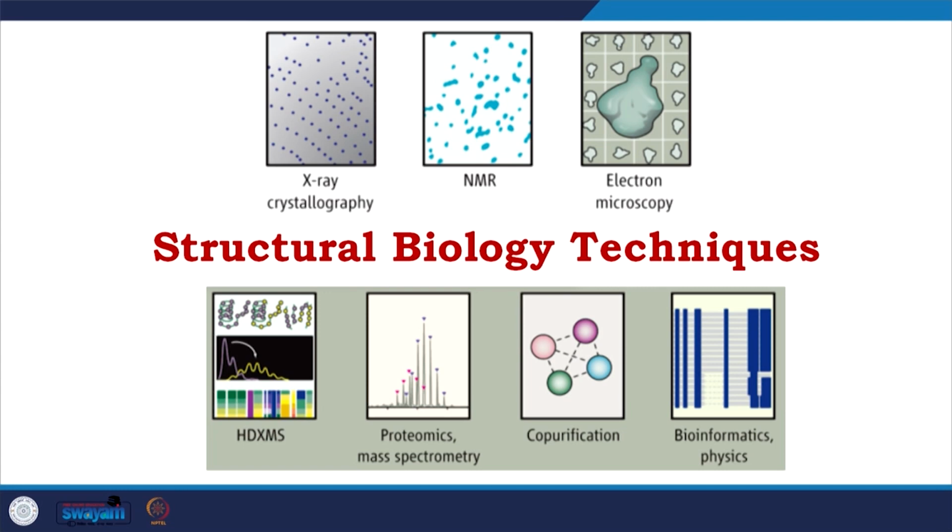Also, I will talk about other techniques like CD, fluorescence, small angle X-ray scattering and others. But more importantly, I would also discuss how computational techniques help solve or analyze the data in all the techniques. So, welcome to the structural biology techniques.